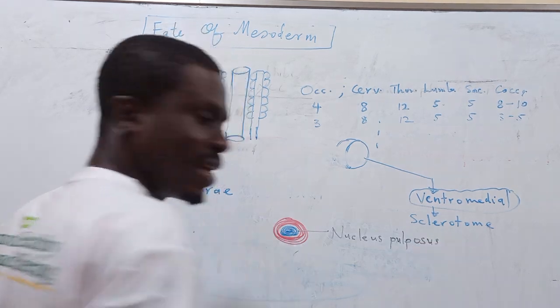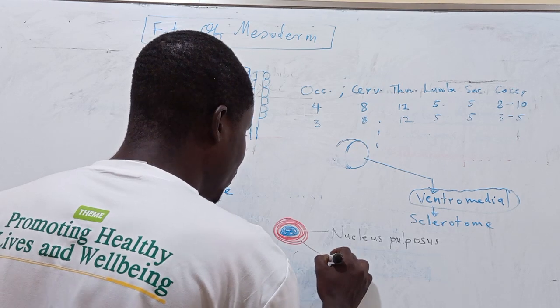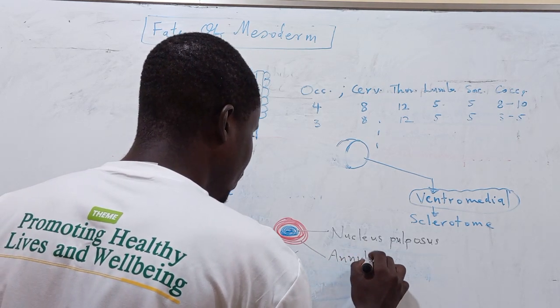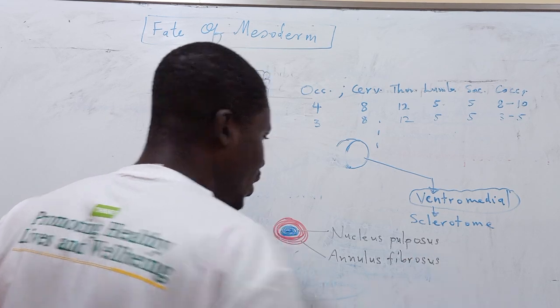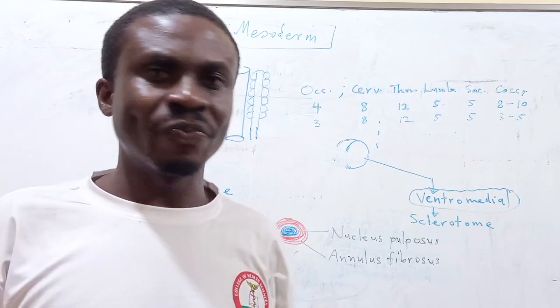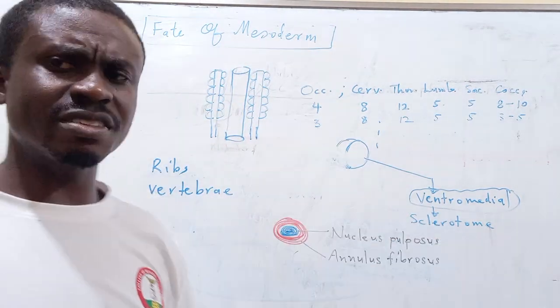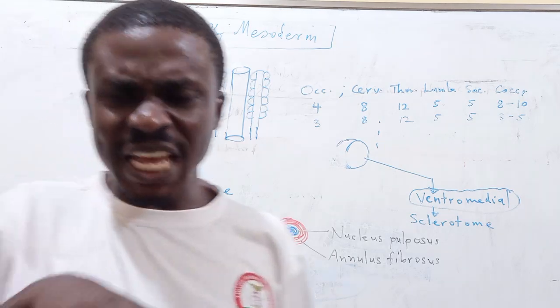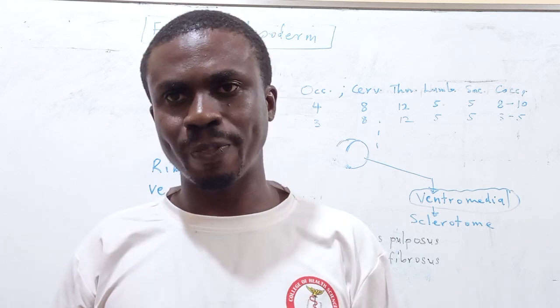And then forming a rim outside it, something we call annulus fibrosus. So what I'm saying is that the annulus fibrosus component is coming from, of course, this sclerotome I'm talking about. Even the associated tendons will be coming from this sclerotome.